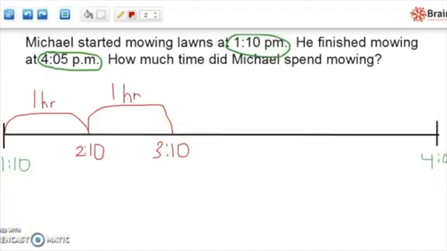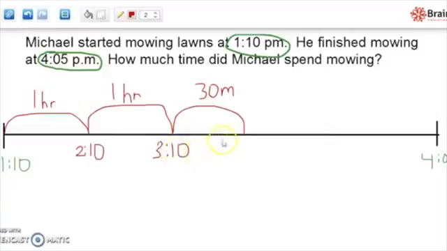When making smaller jumps, I want to think of a number that's easy to add together. So I'm at 3:10 right now, and a number that would be easy to add to 10 would be 30. So I'm going to make a jump this time of 30 minutes.